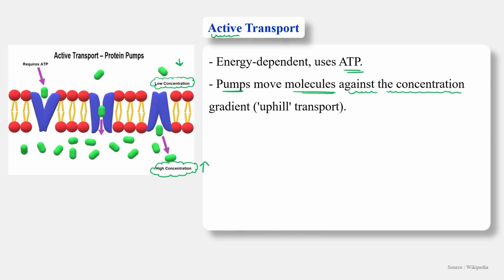But if the movement of a molecule occurs from low concentration, as you can see, these green color molecules are present in low amount outside the cell, while this one is present in high concentration inside the cell. So movement occurs from low concentration to high concentration. That time it requires energy, it requires ATP for pushing up the molecule inside the cell.